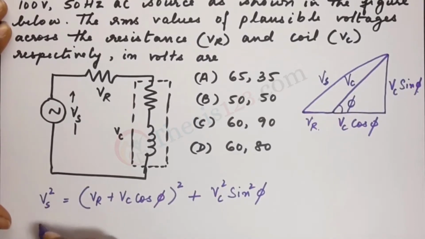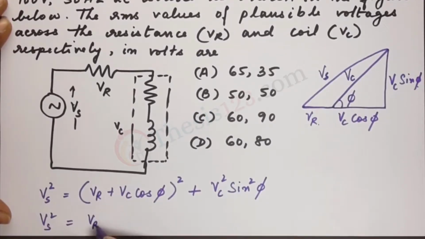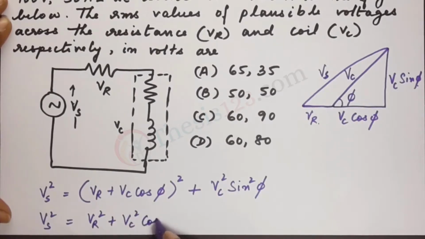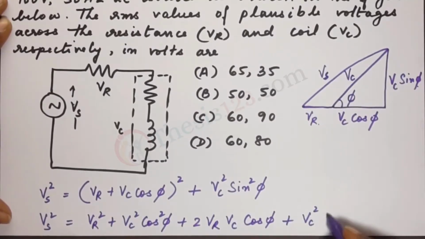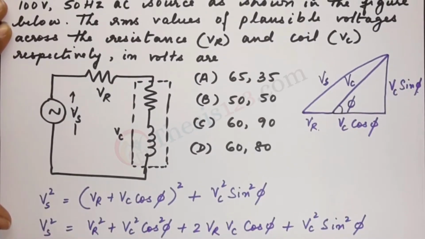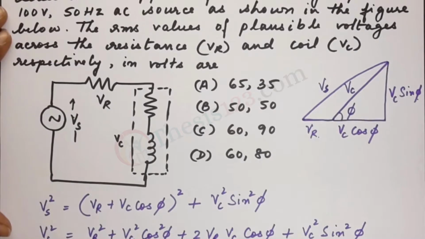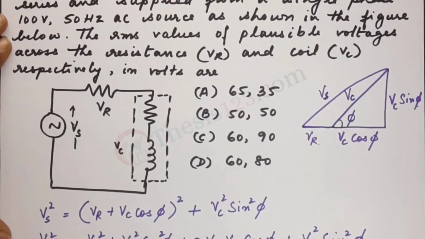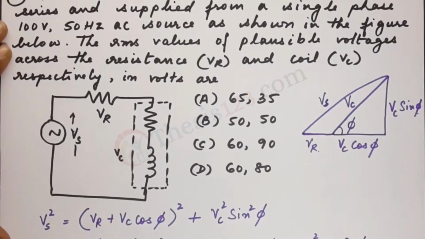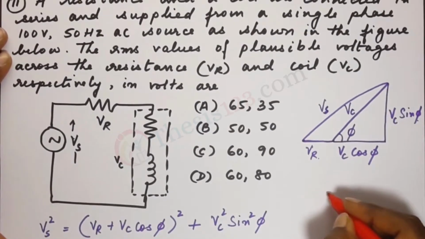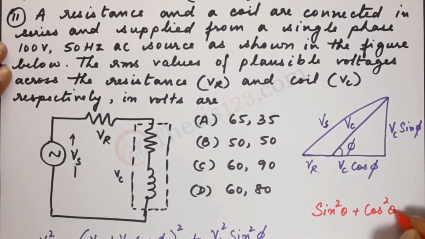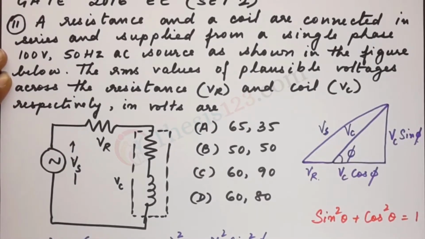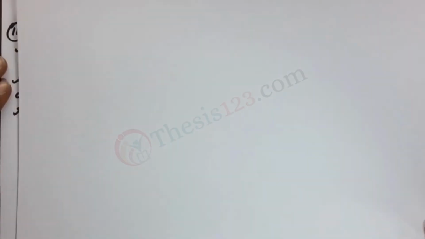If we expand this, we get VR square plus VC square cos square phi plus 2 VR VC cos phi plus VC square sin square phi. Now the VC square cos square phi and VC square sin square phi terms combine, since we know the relation that sin square theta plus cos square theta is equal to 1.